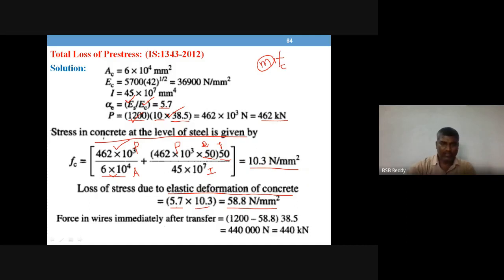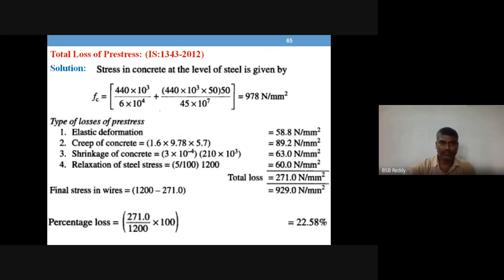Right. Now the force after transfer: 1200 minus 58.8 into 38.5 is this much is the force remaining after this elastic shortening loss.